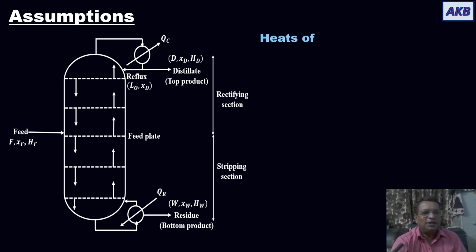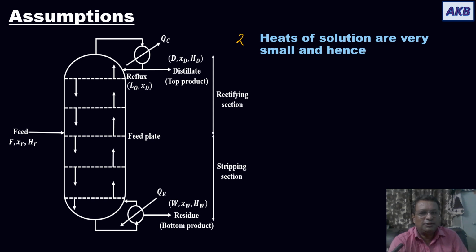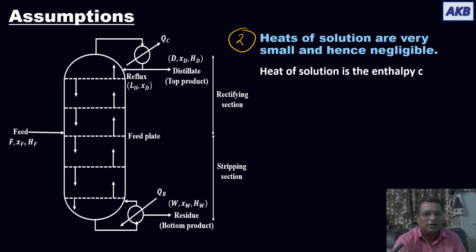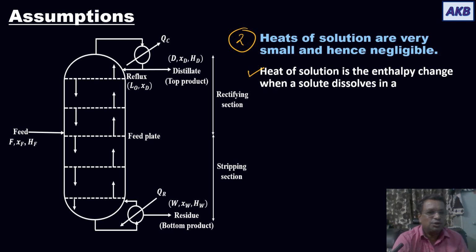That was the implication of the first assumption. Then the second assumption used in the McCabe Thiele method is that heats of solution are very small and hence negligible. What is the meaning of heat of solution? Let us first understand. Heat of solution is the enthalpy change when a solute dissolves in a solvent.